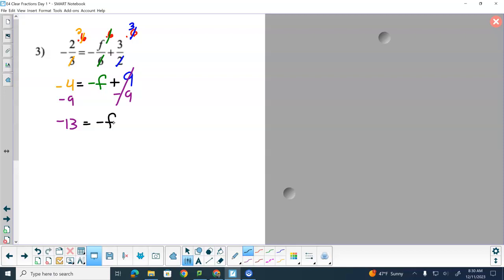So we still haven't got f all alone, so we need to divide by negative 1 or multiply by negative 1. It's the same thing, and so then we get 13 equals f. Negative 13 plus 9 is negative 4. Negative 4 over 6 is reduced to negative 2. Works out.